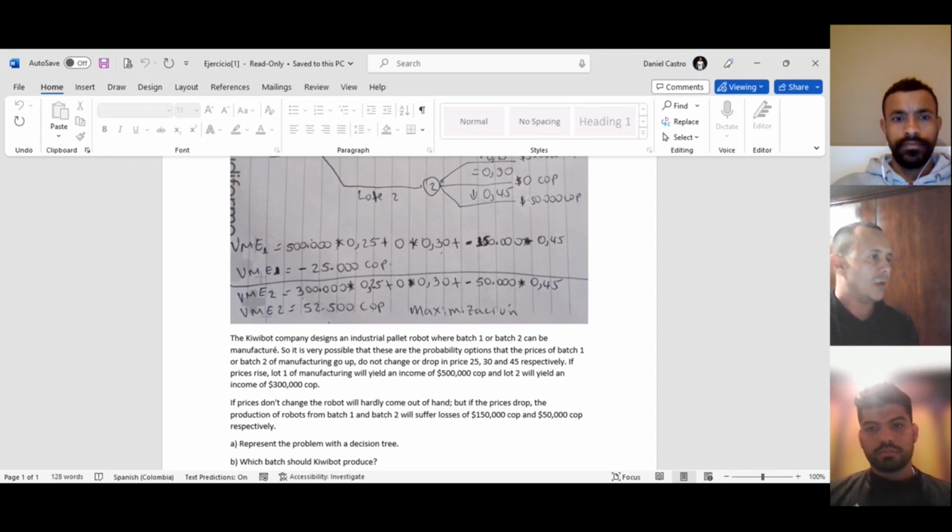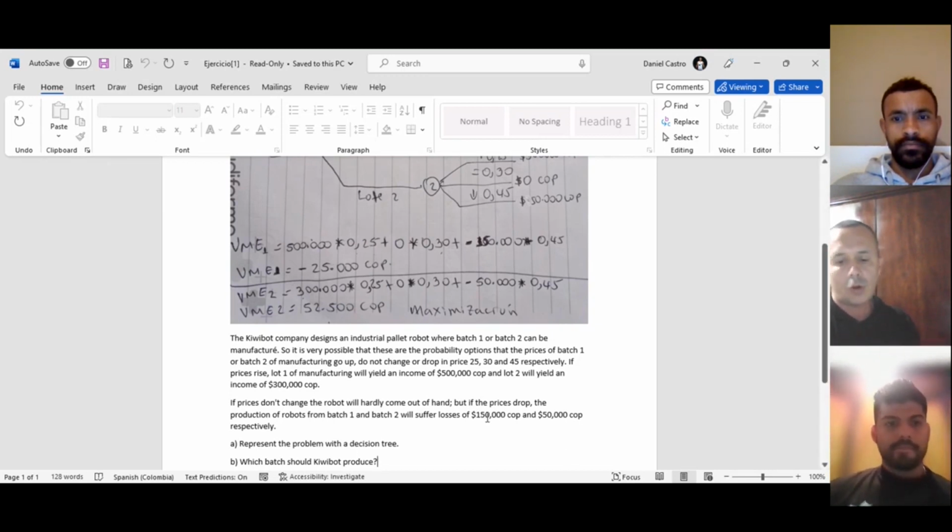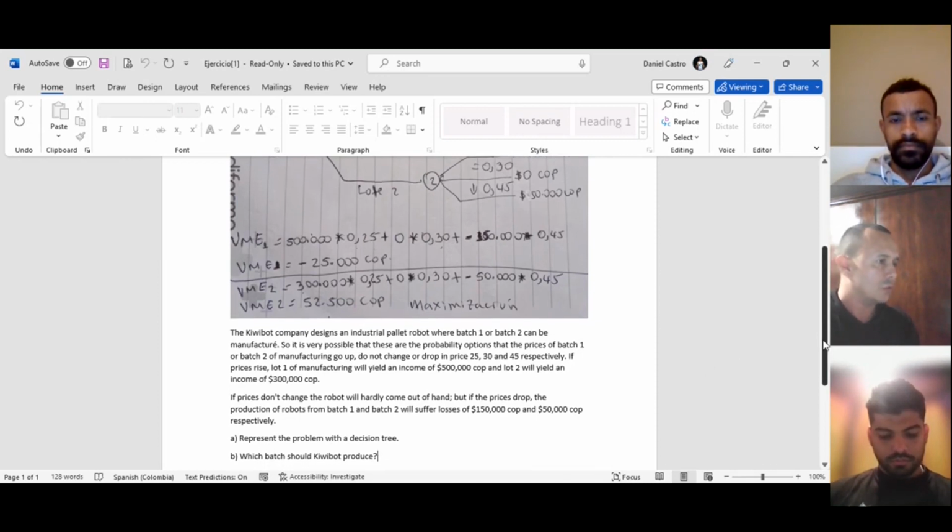But if the price goes down, batch 1 and batch 2 of the KiwiBots robot will suffer losses of 150,000 for batch 1 and 50,000 for batch 2. These are the consequences when the price drops.